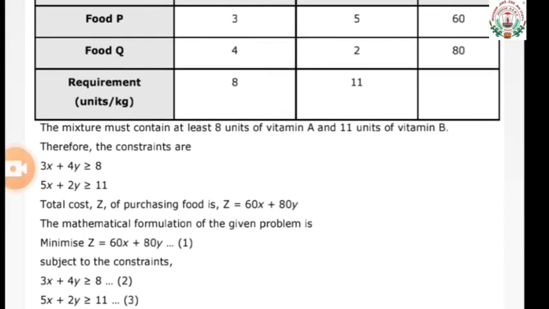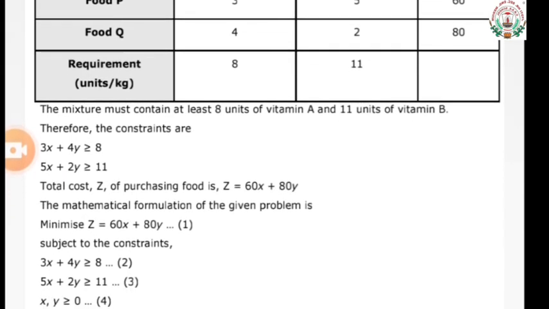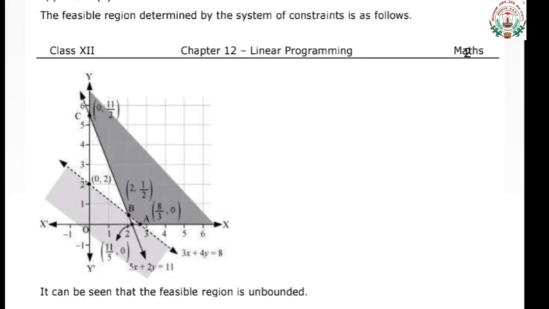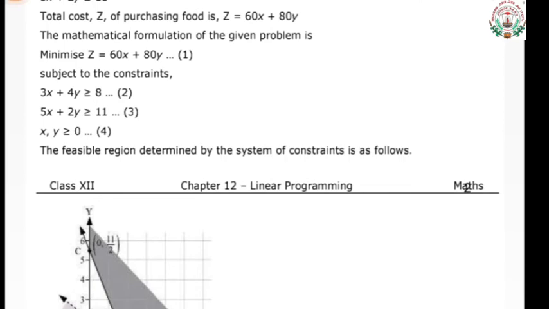Now mathematically we will plot the graph of these two inequations. Their corresponding equations will be 3x + 4y equal to 8 and 5x + 2y equal to 11. Now we will plot the points. After plotting the points and drawing the graph of these two lines, when we check an arbitrary point such as the origin and substitute 0 + 0, 0 is greater than or equal to 8, which is false.